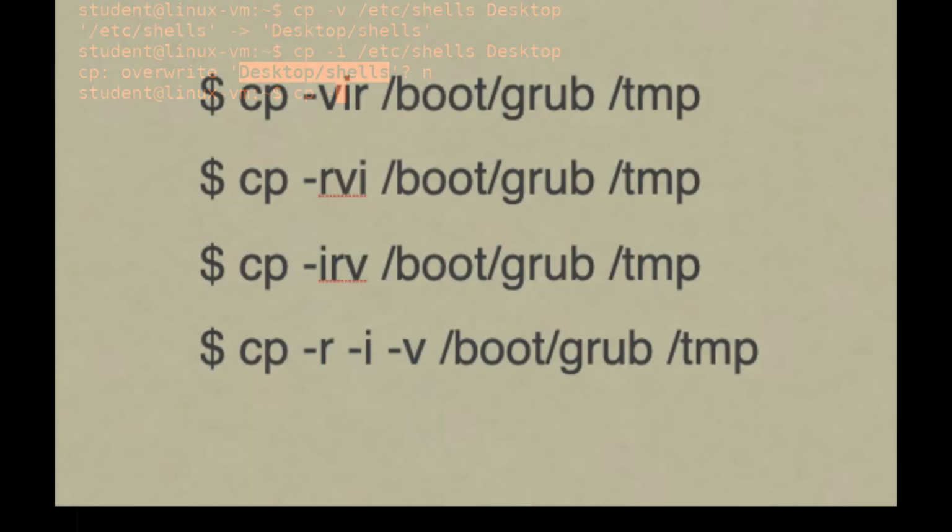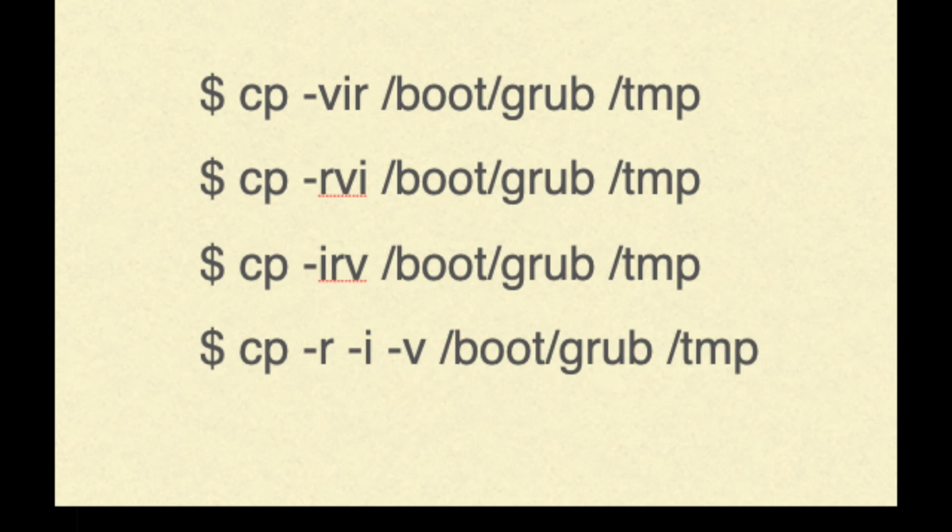So for example, if we do cp -vir /boot/grub /temp, that is the same thing as if you did cp -rvi /boot/grub /temp, which is the same as cp -irv /boot/grub /temp. And you can even spread out the options by specifying each one of them with a dash.